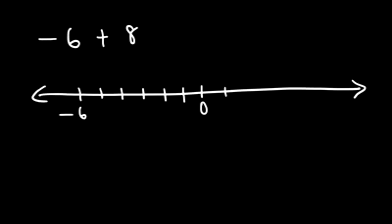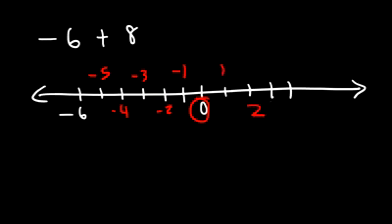So we're going to add 8 units to it. So let's travel 8 units to the right. The first one is going to be negative 5. The second is negative 4. That's the third. This is the fourth, and then fifth. That's the 6th unit to the right. And then the 7th, and then the 8th. So negative 6 plus 8 is 2.